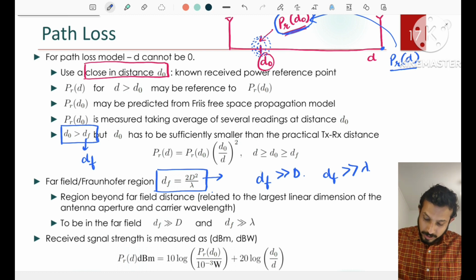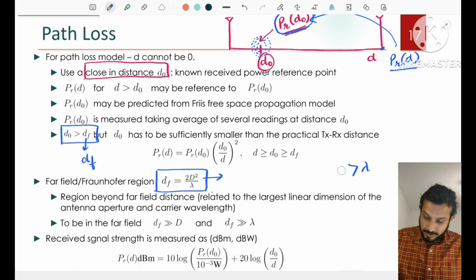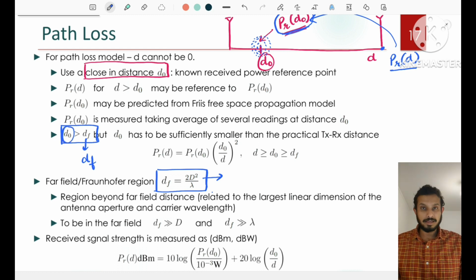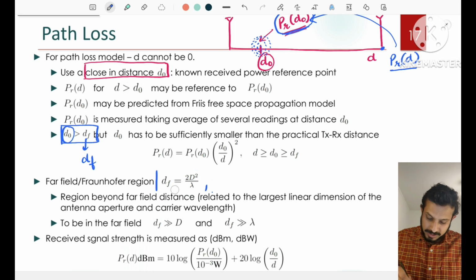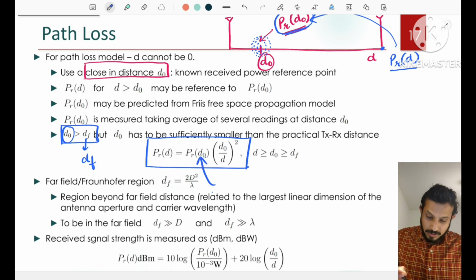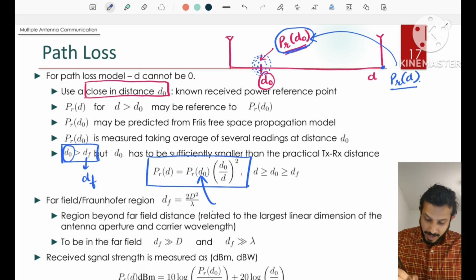Once these two conditions are satisfied, we are in far field, and d naught has to be greater than df. Then the received power at a distance d is calculated by using this expression, where we know Pr at d naught, which we calculated by taking several measurements around the distance d naught and then taking the average.